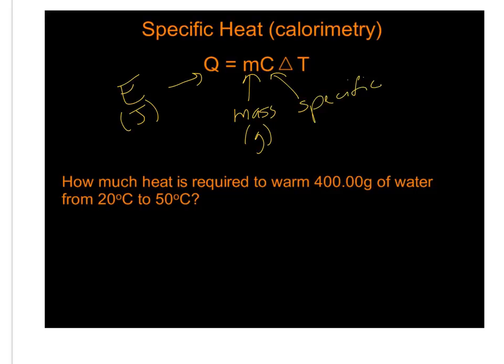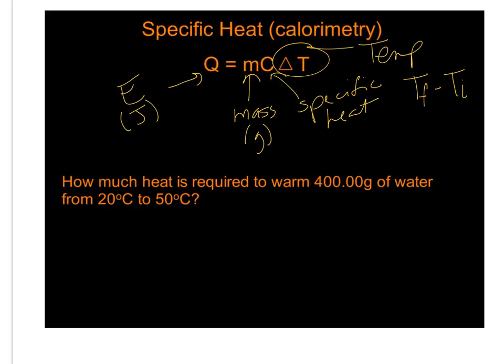This is how much energy it takes to raise the substance, whatever substance you have, 1 gram of the substance by 1 degree Celsius. So it's basically how much heat this substance can absorb before the temperature changes. And here is your temperature change. And remember, when you find a change in anything, it's always going to be your final temperature minus your initial temperature.